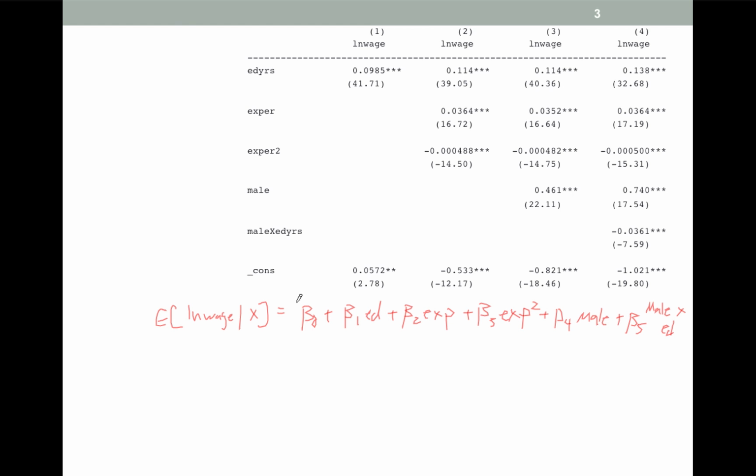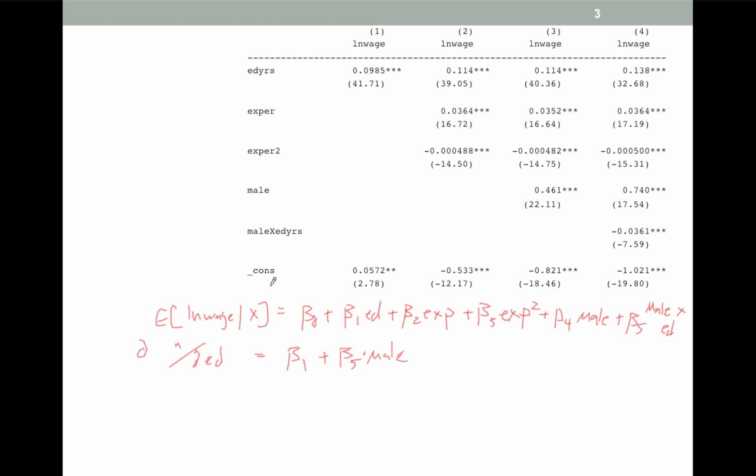Now let's see what we get when we take the partial derivative with respect to education, because it's not as simple as it was before. Before, when we took the partial with respect to education, we just got beta 1. But now education appears over here in the interaction. And so what we get is beta 1 plus beta 5 times our dummy variable for male.